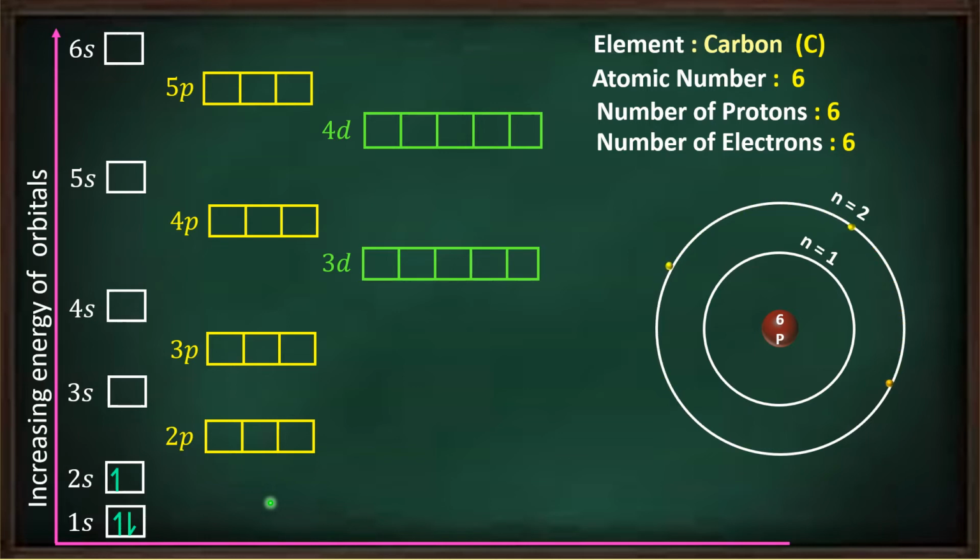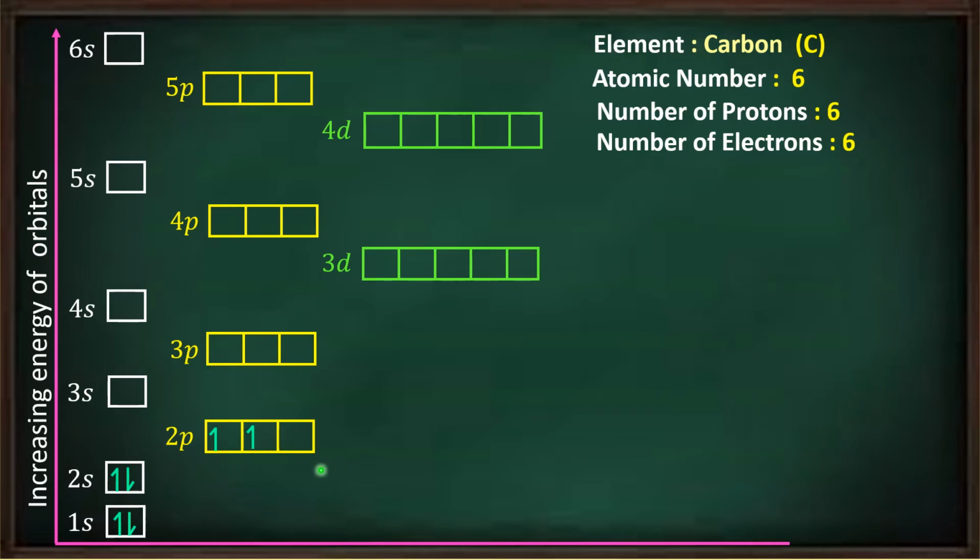Next electron enters into the 2s orbital, and the fifth electron enters into one of the empty orbitals of 2p, isn't it? And the last electron, also called the discriminating electron, occupies another empty orbital of 2p, isn't it?